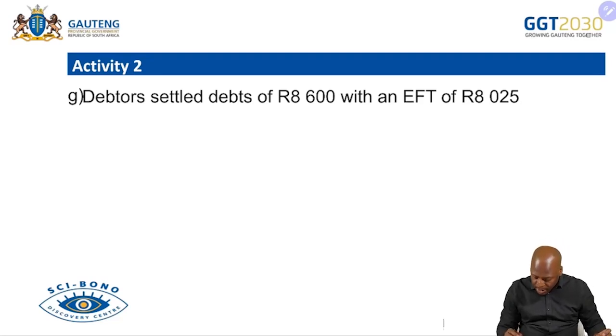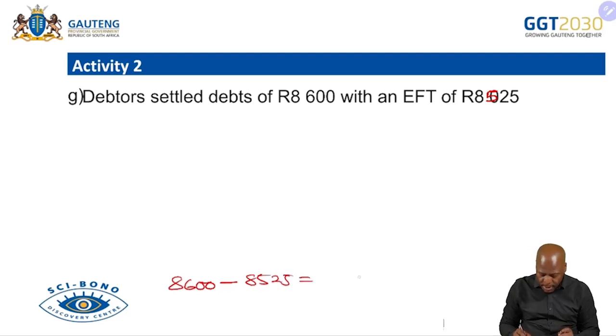Here it has to be 8,500, just quickly change that, 8,525. So the debtors have settled debts of 8,600 with an EFT of 8,525. That means if they were owing 8,600 and they've paid 8,525, we have given them discount, and the discount becomes 75 rands.